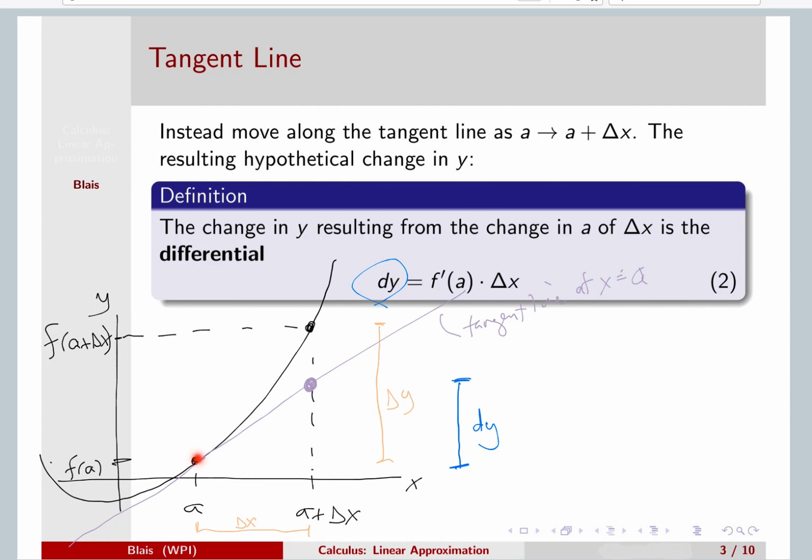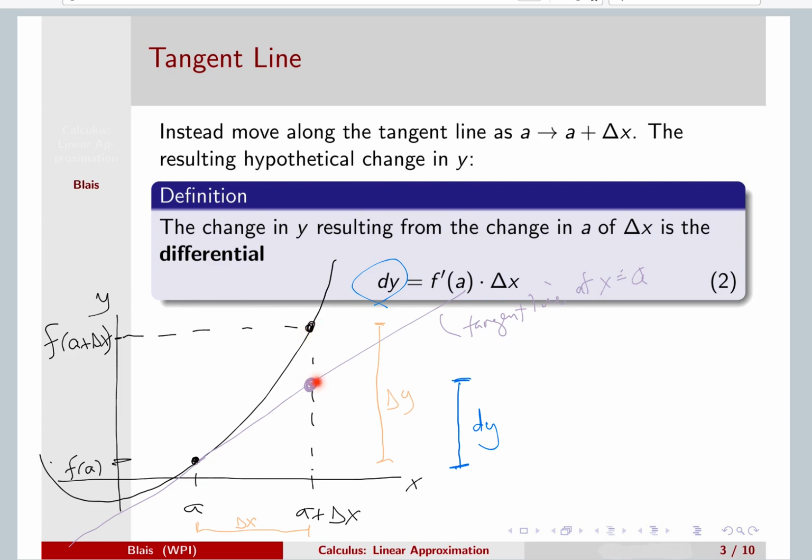So again, instead of moving along the function, we move along the tangent line. And where we're going with this is that you can use the y value at this point to approximate the y value at this point. Now, it looks like a bad approximation, but things are scaled up so that we can see the difference.